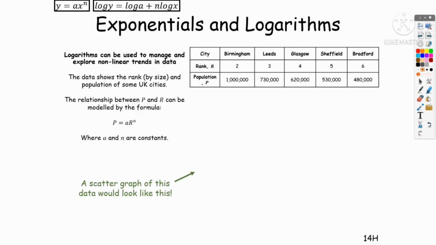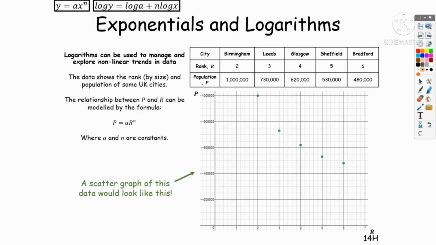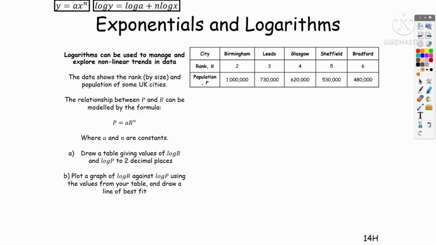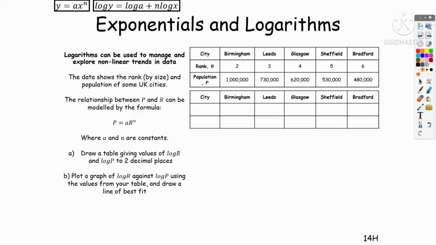So a scatter graph using this data looks something a little bit like that. Draw a table giving values of log R and log P to two decimal places. Part B, plot a graph of log R against log P using the values from your table and draw a line of best fit.